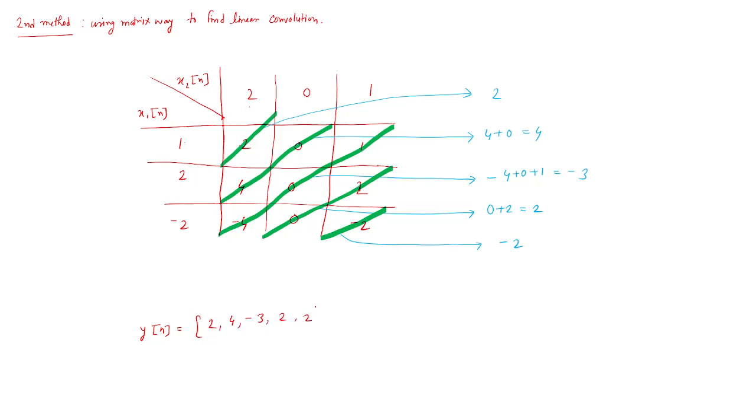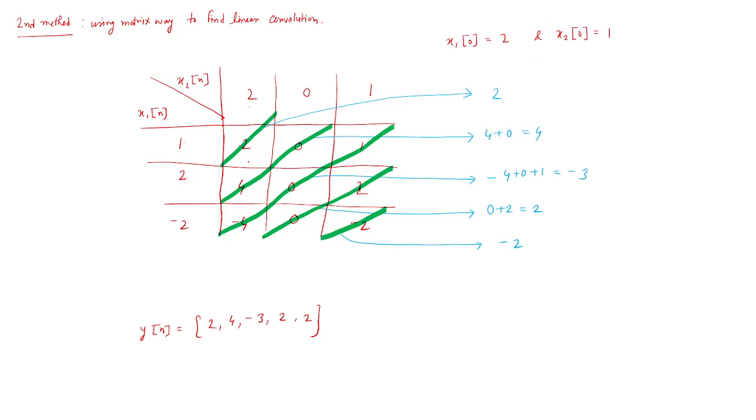Now the question is how to find the zeroth symbol location for this method. For that we need to mention that the x1 zeroth value is 2 and the x2 zeroth index symbol is 1.